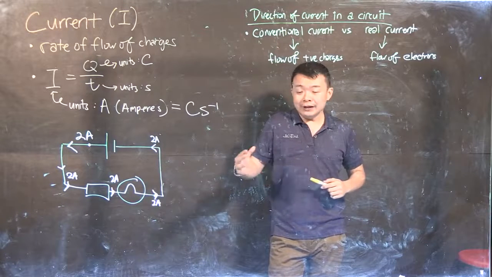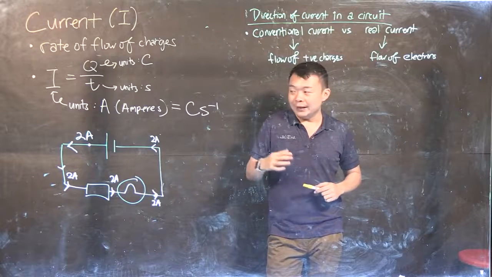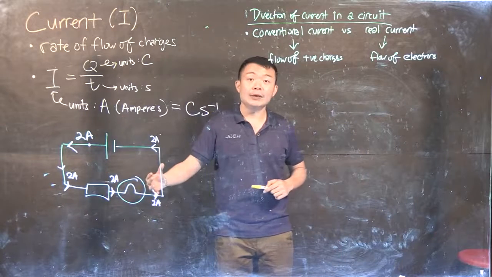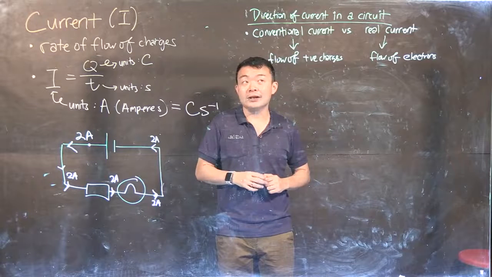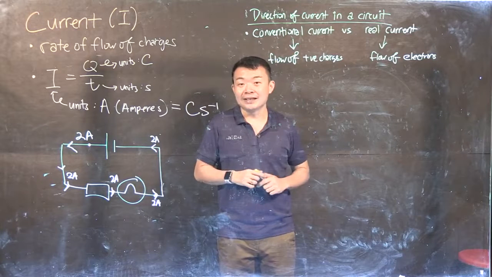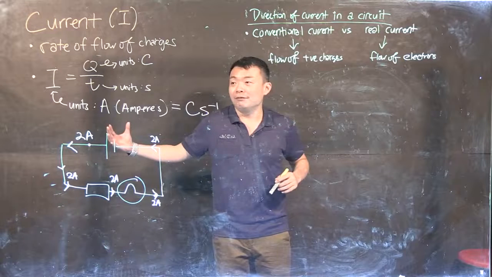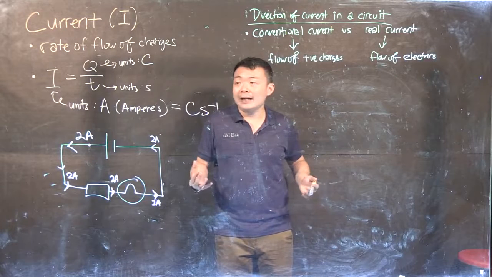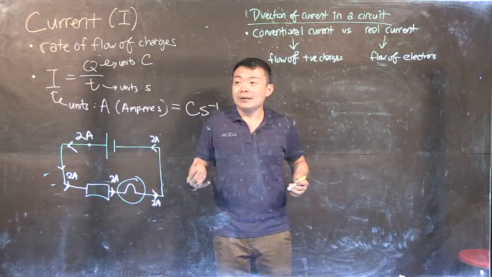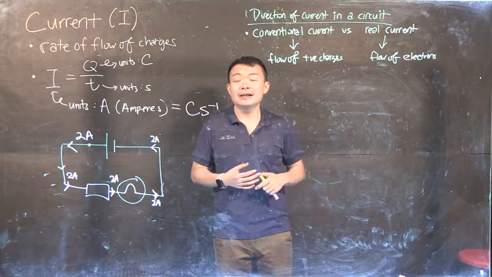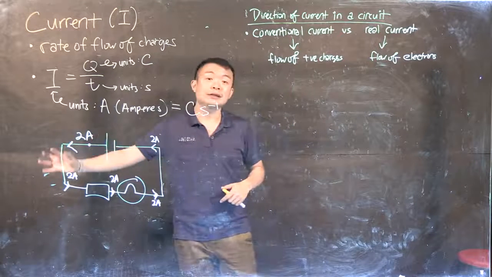Now, even up to today, when physicists analyze electrical circuits, we still use the direction of conventional current, because this idea has been stuck with us for a pretty long time, and we decided that it's easier to use the direction of current as if it is the protons that are moving.